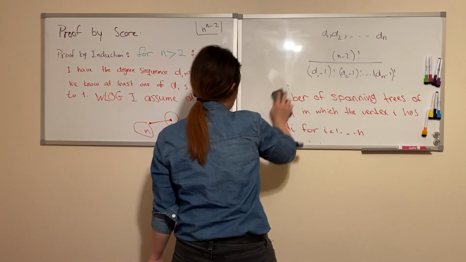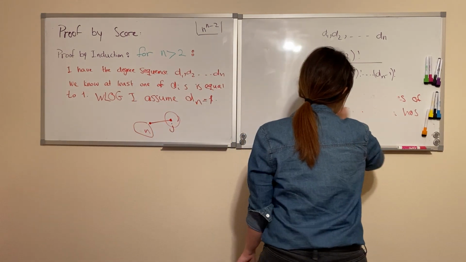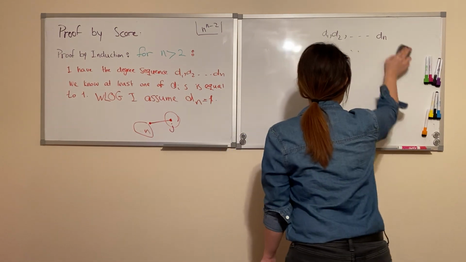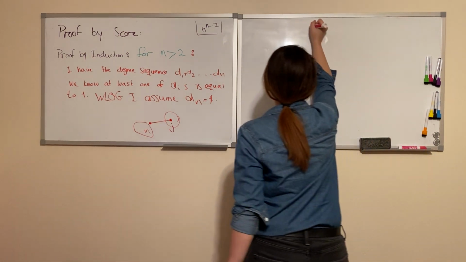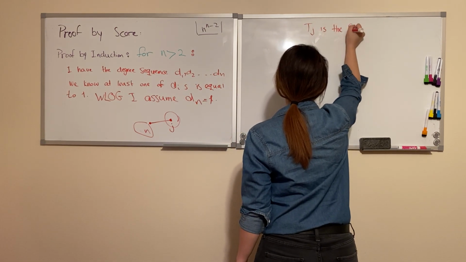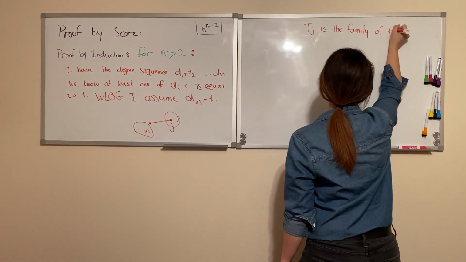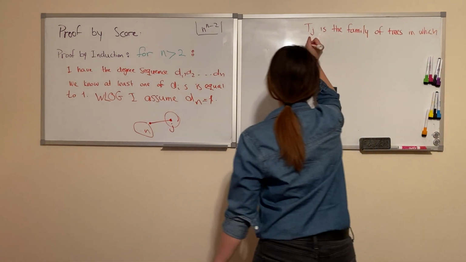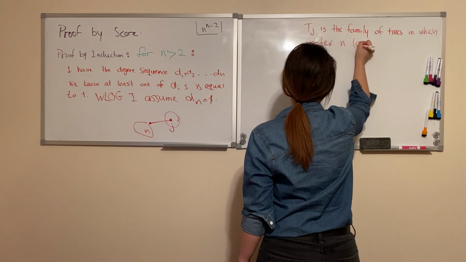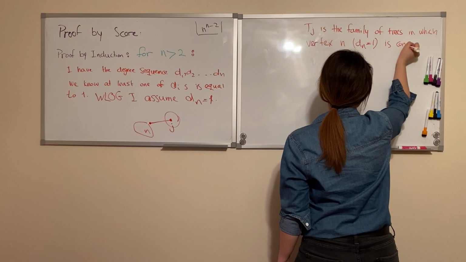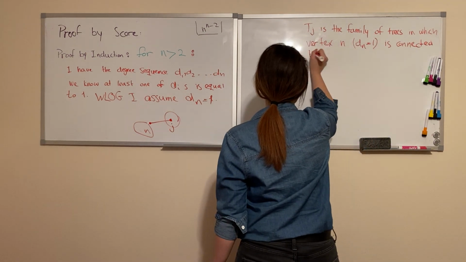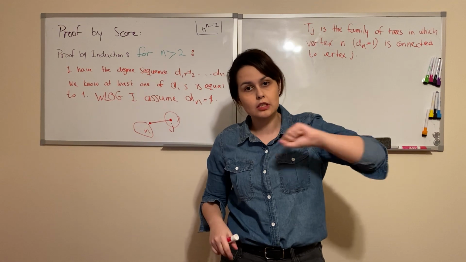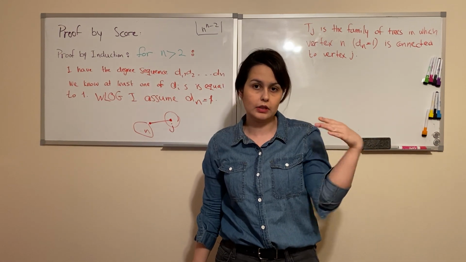Okay, so defining that, Tj is the family of trees in which vertex n, with a degree equal to 1, is connected to vertex j.